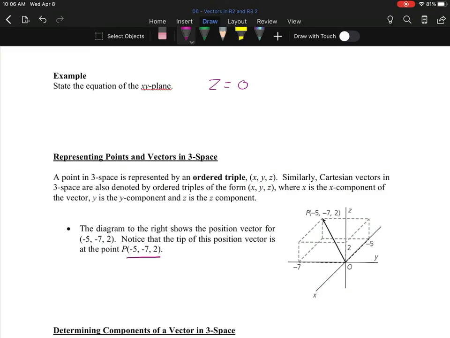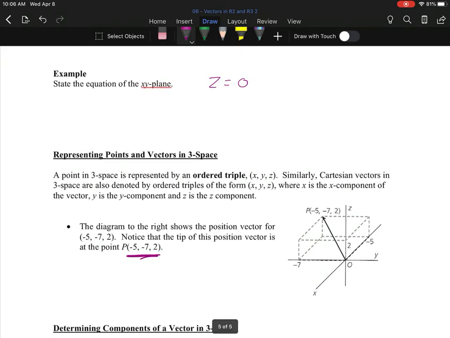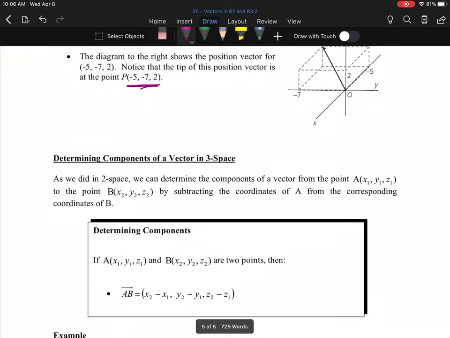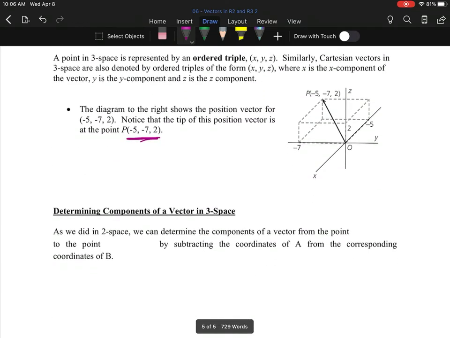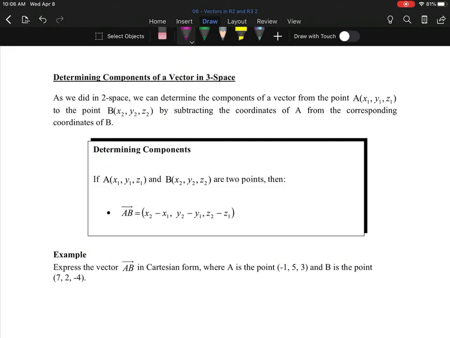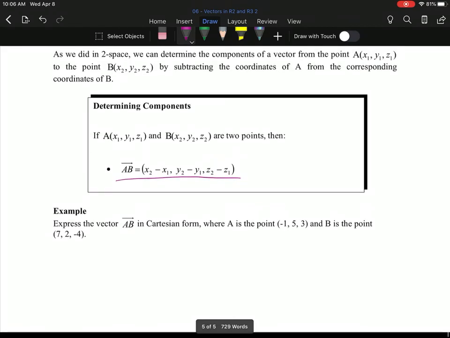But to actually write the vector -5, -7, 2, that's pretty easy. You just add a z component to it. So there's an easy part to this, jumping to 3 space, is that just that third component. Determining the components of a vector in 3 space, well, the great news is here there's nothing extra. If you want to find the components in 3 space, you just subtract the x's, subtract the y's, and subtract the z's.